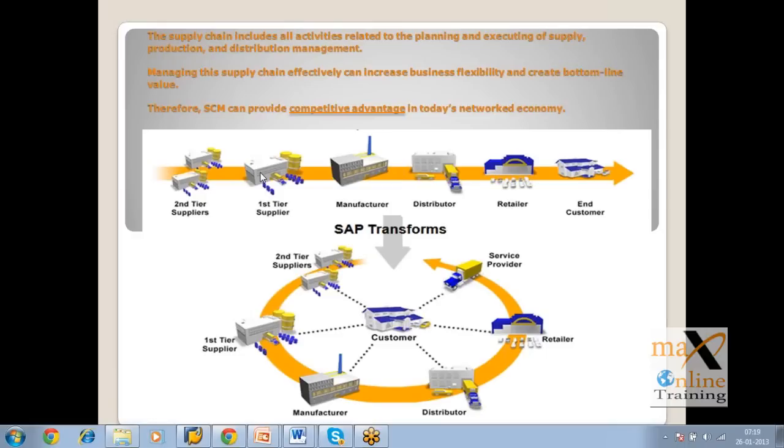It means your inventory levels are going to be maintained at double. You need to maintain extra storage locations or extra production, all those things.